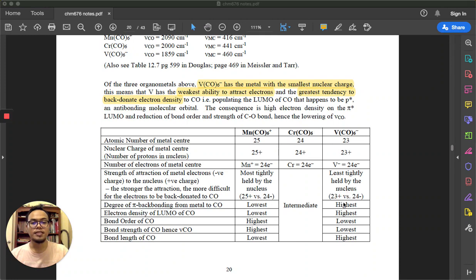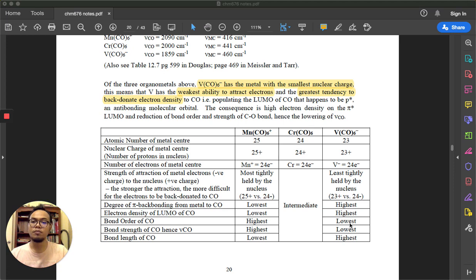In this case, you can see that the number of electrons outweighs the number of protons. So the degree of pi bonding will be higher because they are loosely held, and consequently the electron density in the LUMO will be higher because there are more electrons coming from the metal to your LUMO, and the bond order would be lower.